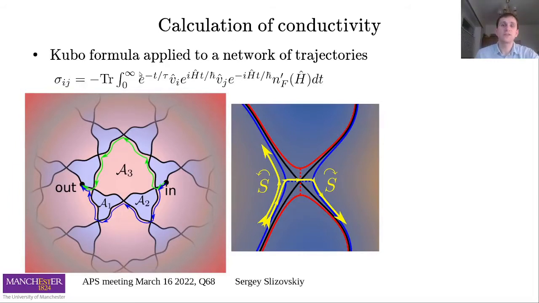For finite scattering time, we can restrict the calculation to a finite size network, and the evolution operator becomes essentially a matrix in the space of Fermi surface segments. The product of the evolution operator and its conjugate boils down to a probability to evolve from a wave packet centered at the in point to a wave packet centered at the out point during time t.